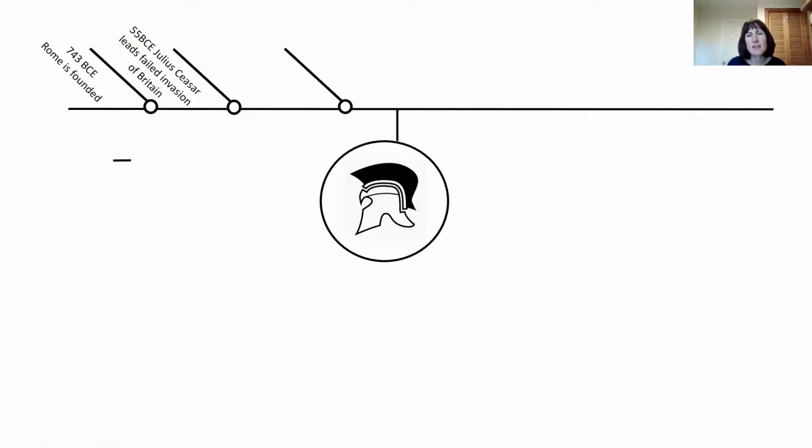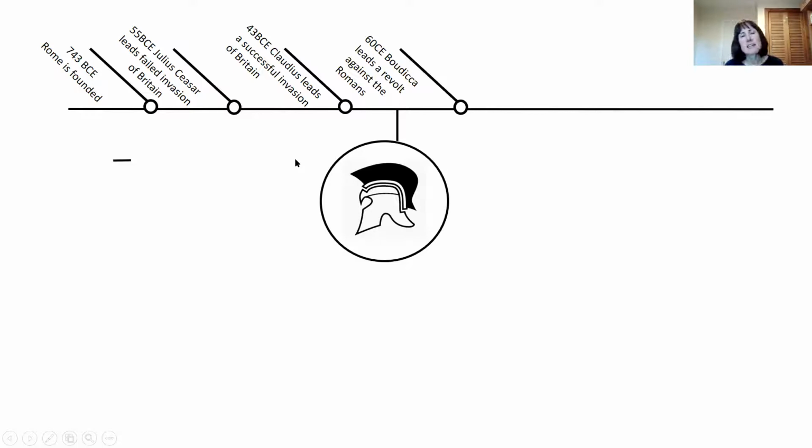The third line along has 43 BCE. This time, Claudius leads a successful invasion of Britain. This is the Emperor Claudius. The next line has the date 60 CE next to it, and Boudicca leads a revolt against the Romans.